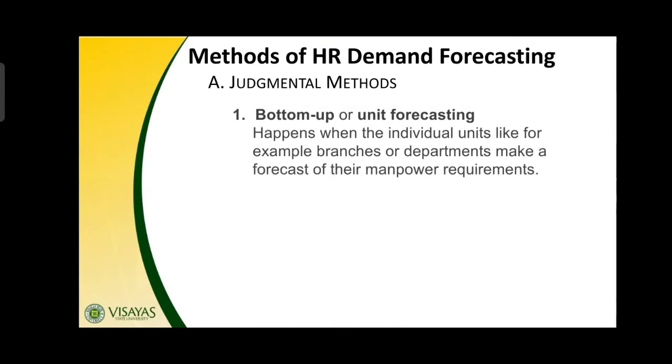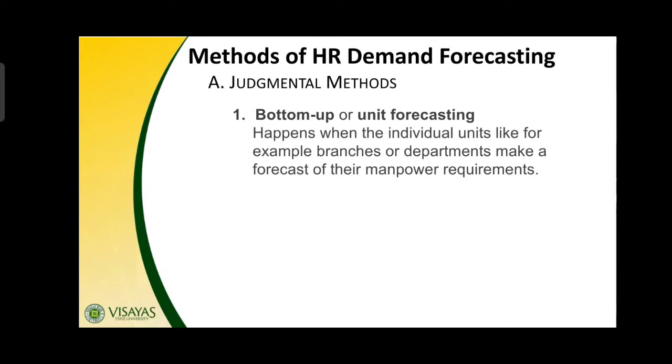So first, class, an example of a judgmental method is the bottom-up or the unit forecasting. This happens when the individual units, like for example the branches or departments, and for our unit, the HR, make a forecast of their manpower requirements.